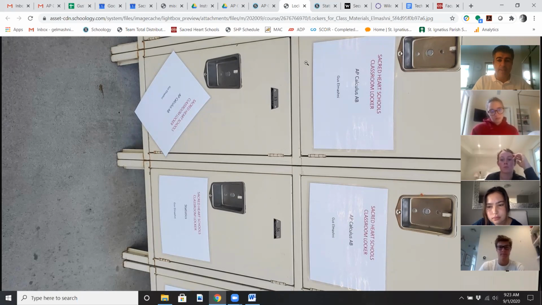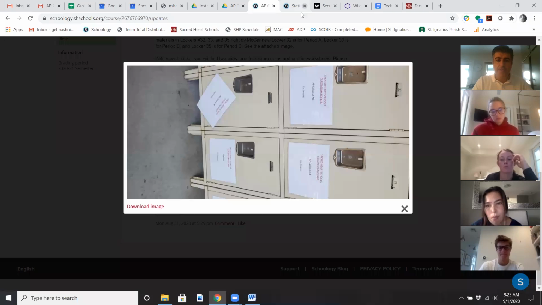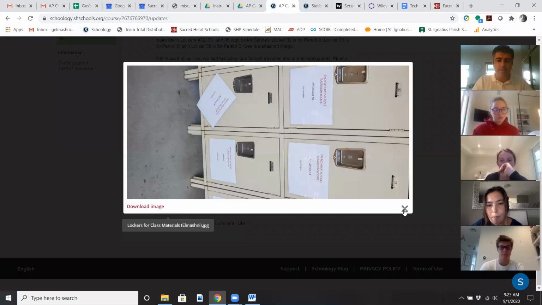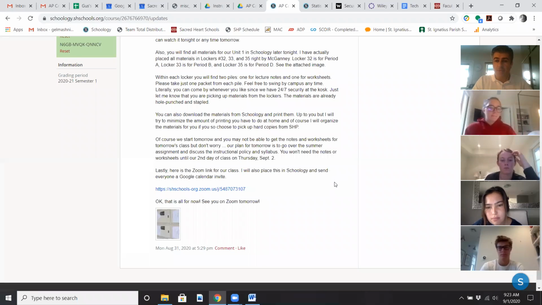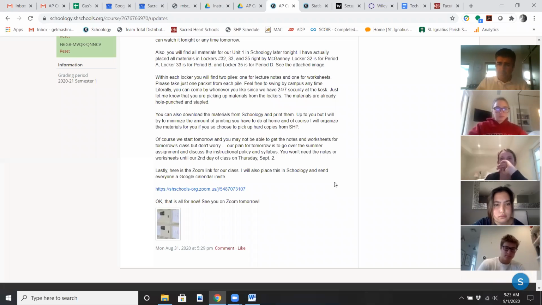In those lockers right now are 2 piles. One pile is the lecture notes for chapter 2, and the other pile is the worksheets for chapter 2. The lecture notes obviously will help when we do lectures in class. We are going to have a lecture on Thursday, and it would be good to have it all on paper and take the notes.